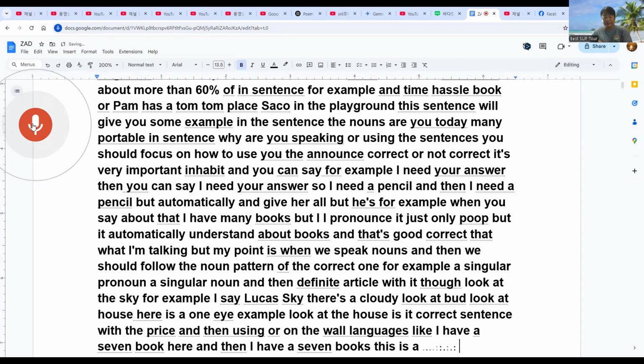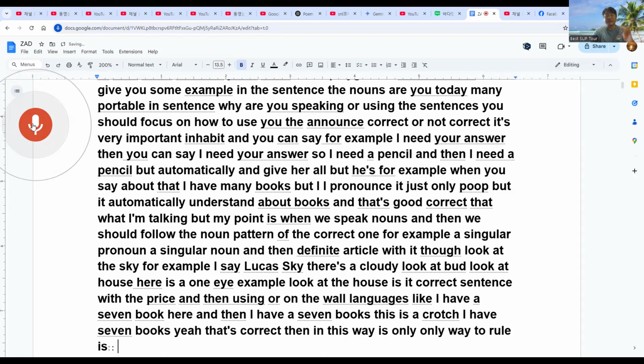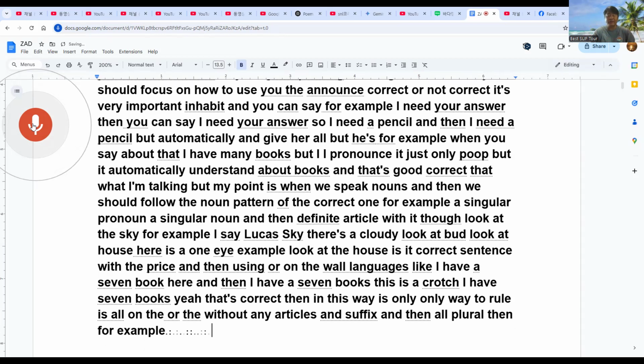Another way is a noun without any article or plural suffix, for example, without anything.